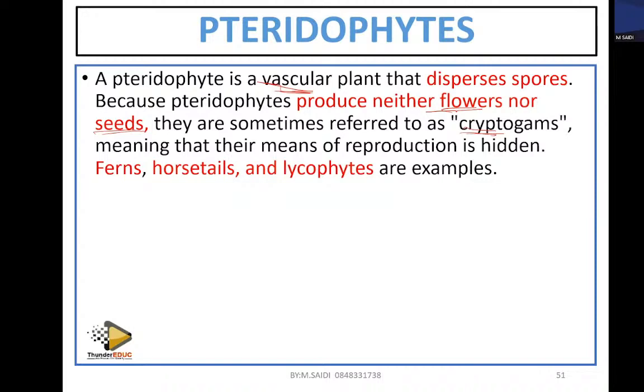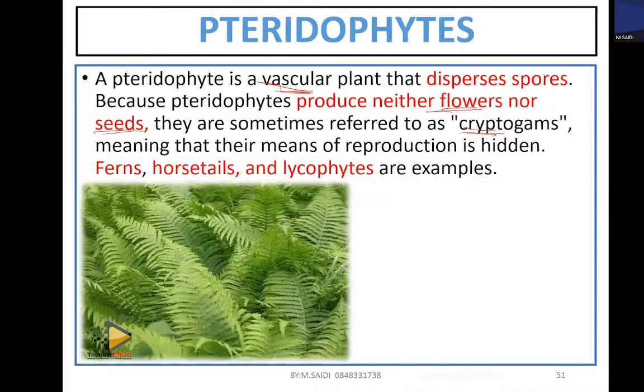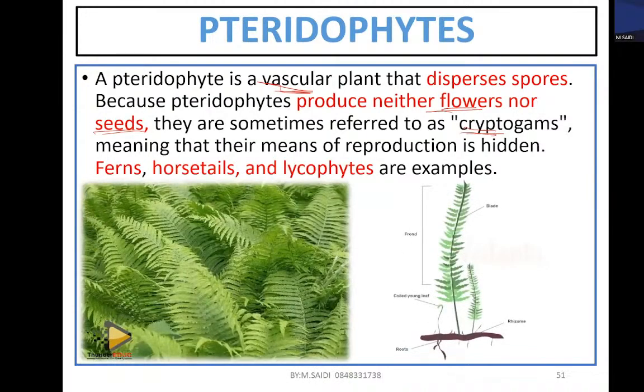So when you say crypto in science, it means something which is hidden. So these are also hidden. They are cryptos. The ferns and the horsetails, all these are examples of pteridophytes.